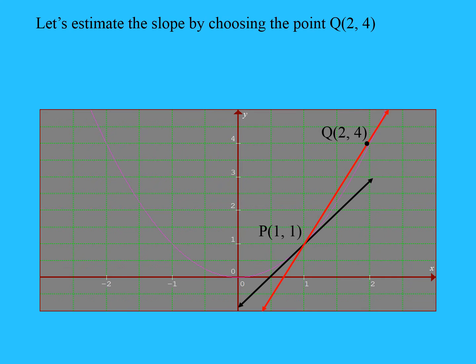Now, if we were just trying to find another point on the graph of y equals x squared, let me change the color on this pen, if I can.